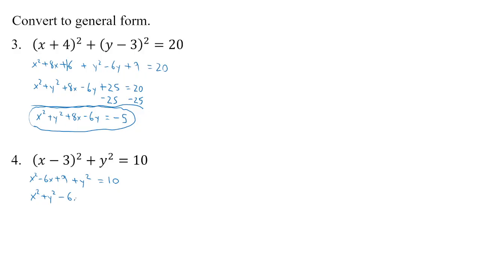We got negative 6x plus 9 equal 10. And then subtract 9 from both sides, and you will get x squared plus y squared minus 6x equal 1. So this is the general form of the equation.